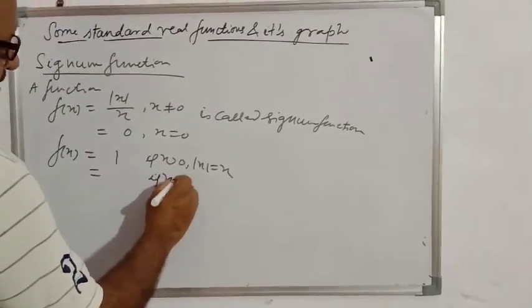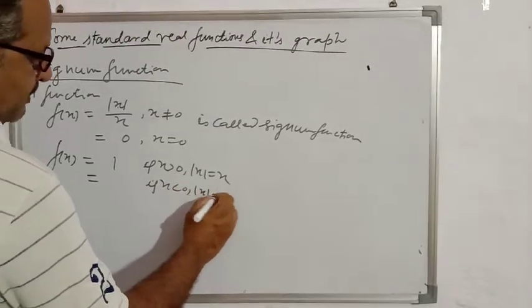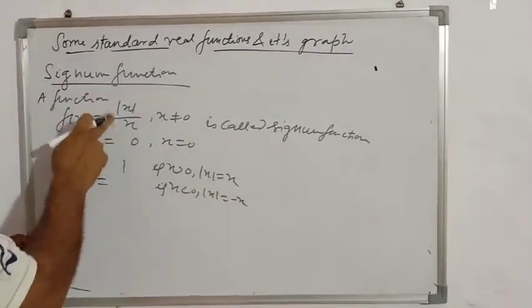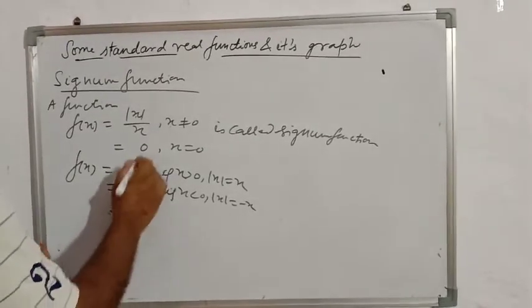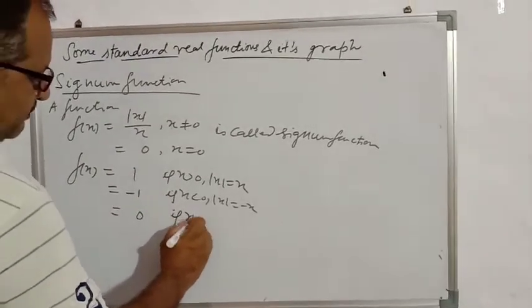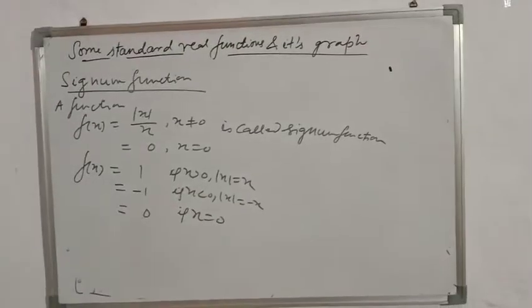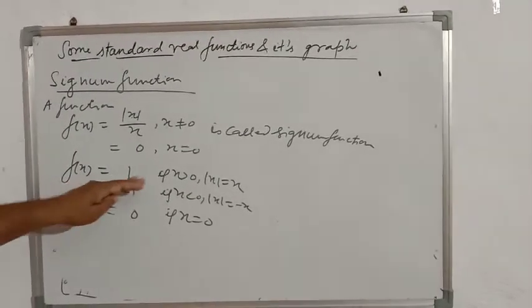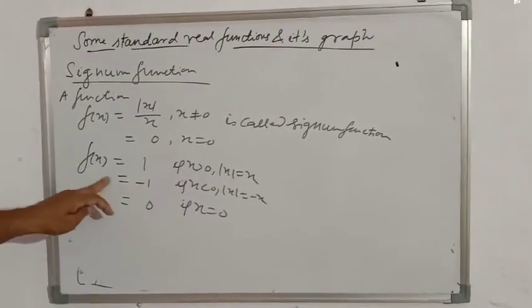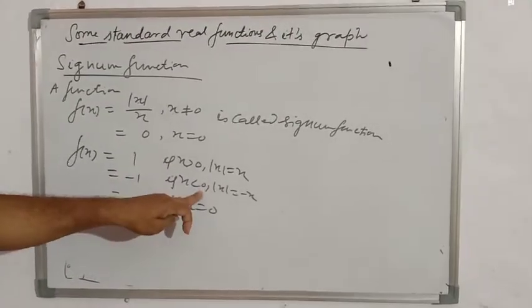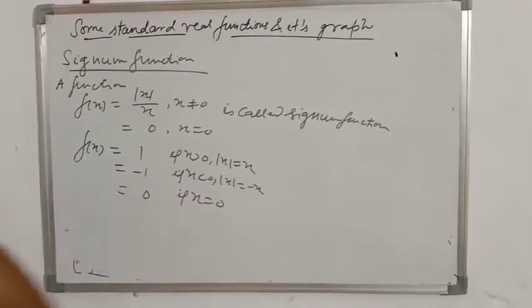And if x is less than 0, mod of x is minus x, so minus x upon x will be minus 1. And it is equal to 0 if x is equal to 0. So f(x) is 1 if x is greater than 0, f(x) is equal to minus 1 if x is less than 0, and equal to 0 at x equal to 0.